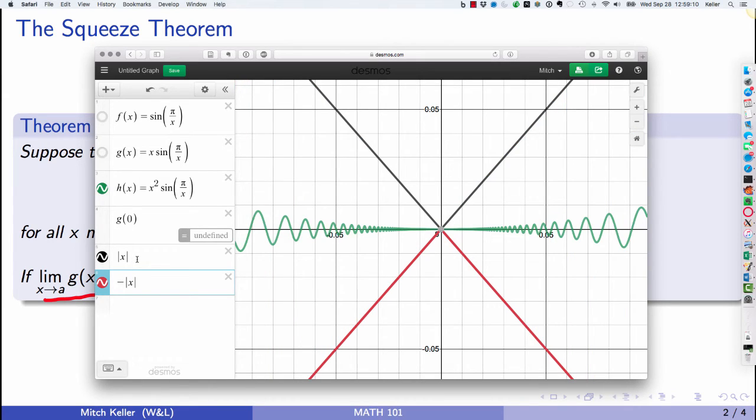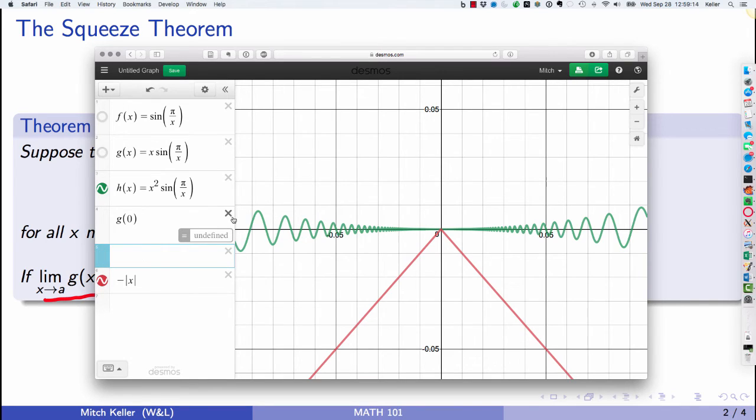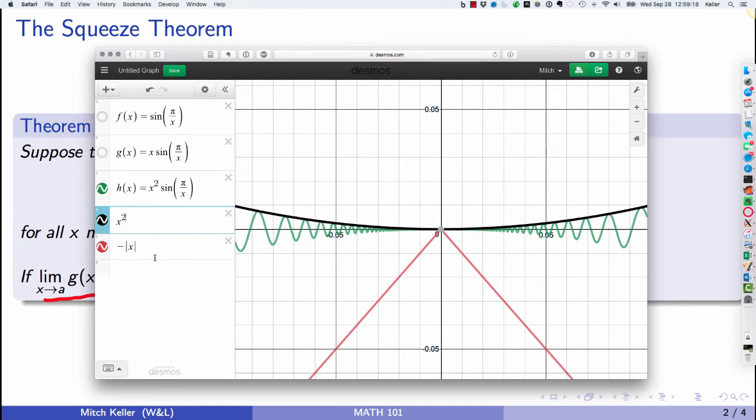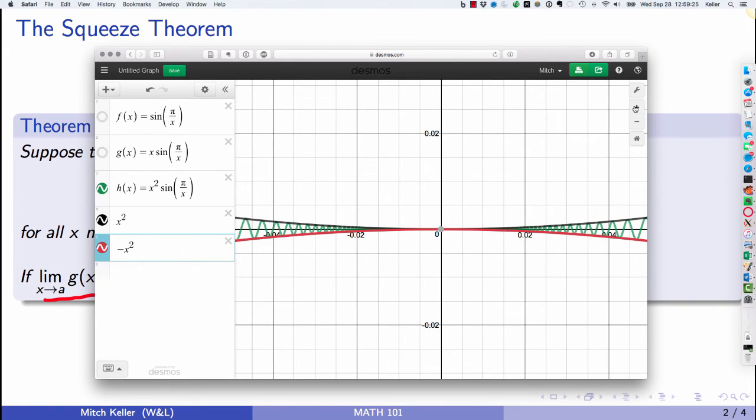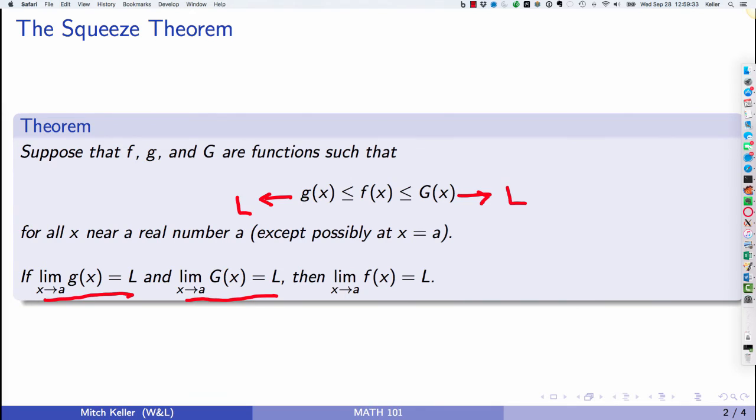Let's take a look at this. x squared sine of pi over x. Let me plot x squared. Oh, and let me plot minus x squared. Aha. Yeah, and that would make sense because we know something about sine of pi over x, right?